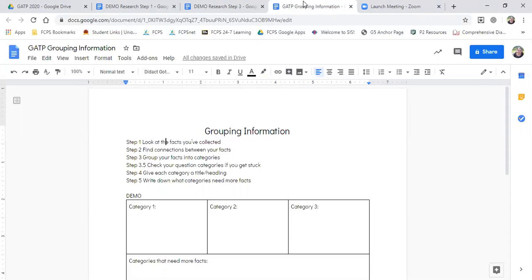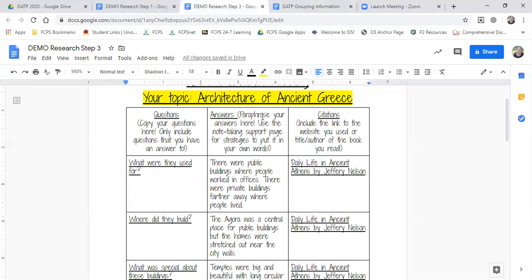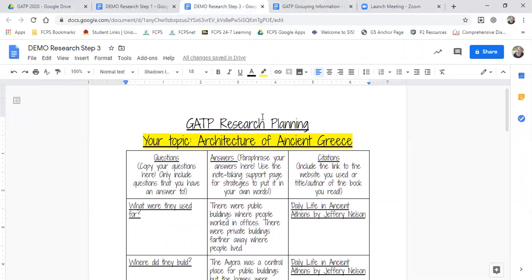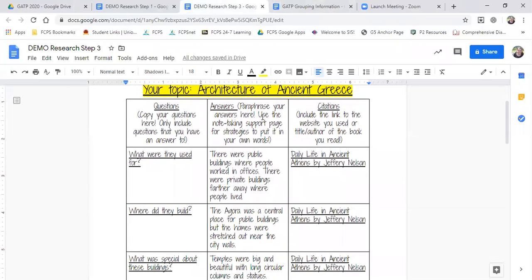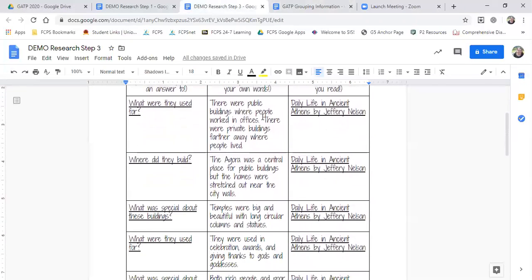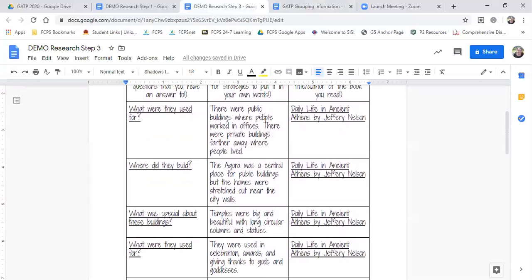So this may look different if you are not in Miss Abrams' class, but my class has our step 3 document with all of our facts in it. So I'm going to look and kind of see in this middle column where I have the answers to my questions. I have some of the facts and the information that I've collected from my sources.